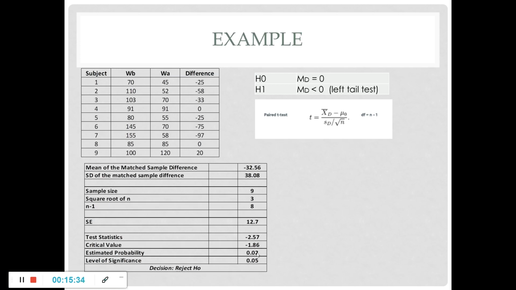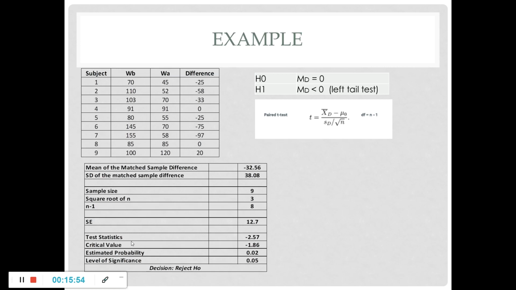I got the value as 0.02, and the level of significance is of course 0.05. So now we can make a decision based on both approaches: one is test statistic versus the critical value, another is estimated probability versus the level of significance.